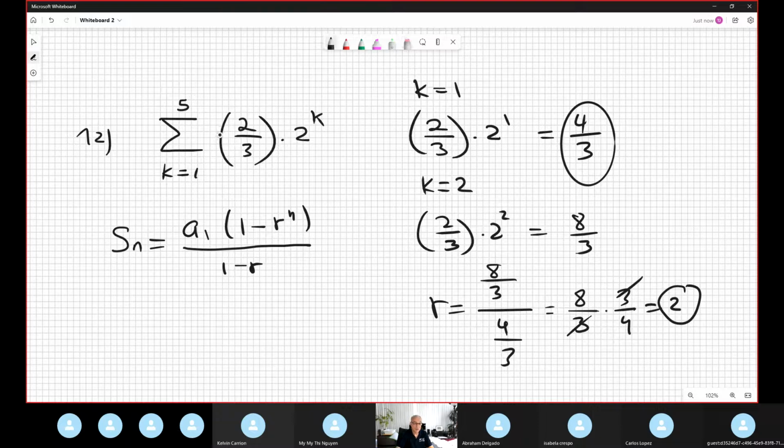So S of 5, because it's the summation of the first 5 terms, is equal to the first term, which is 4/3, times (1 minus 2 to the 5th power, because n is 5, look at that) divided by 1 minus 2. 2 to the 5th power is 32. 32 minus 1 is 31.